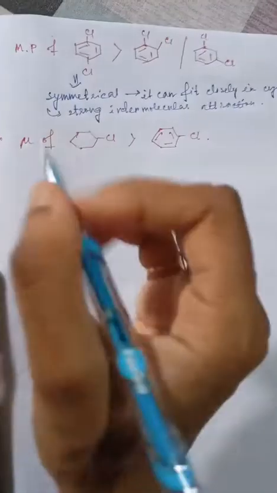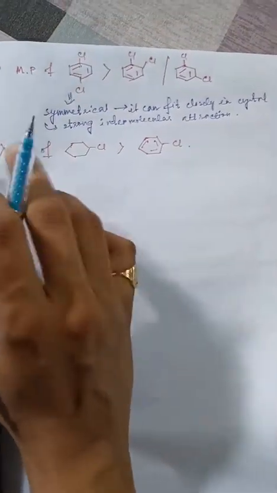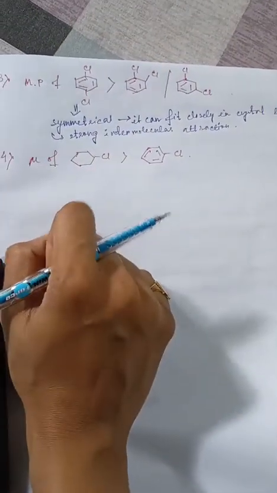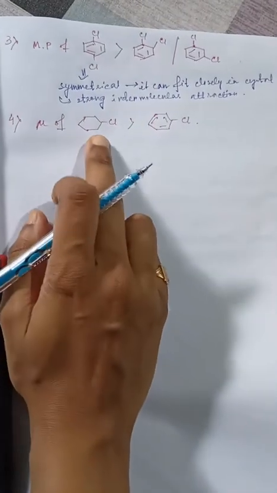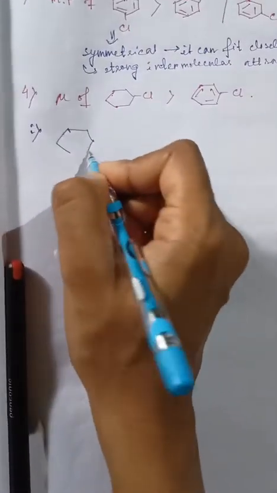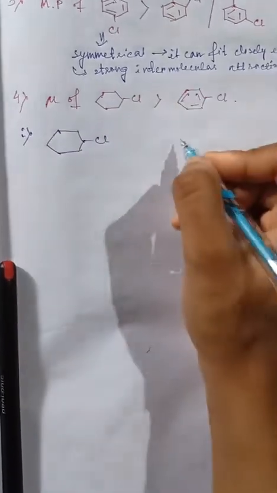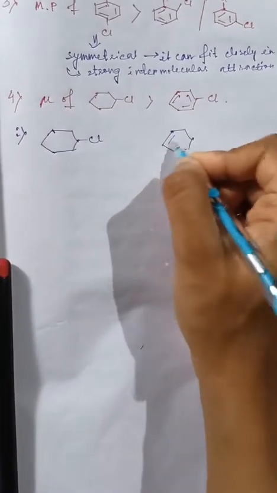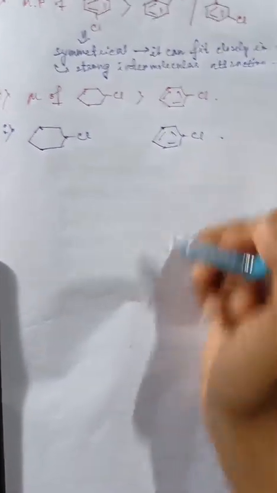Okay, now the next question, that dipole moment, mu means dipole moment. Now why is the dipole moment of cyclohexyl chloride greater than chlorobenzene? So here are two reasons. One reason is, see, in this cyclohexyl chloride, and here this is chlorobenzene.